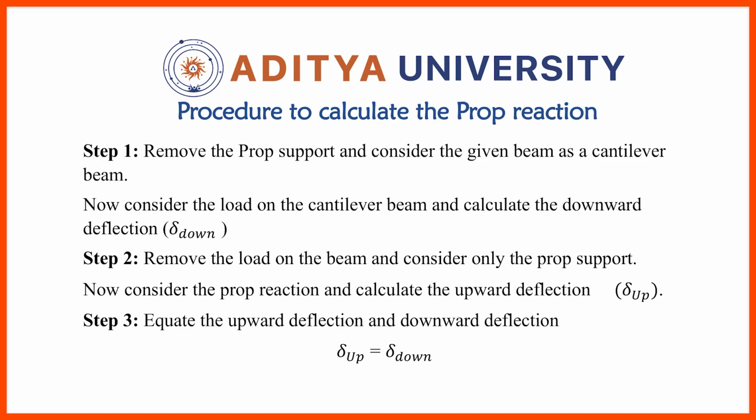Earlier we discussed the difference between statically determinate structures and statically indeterminate structures. A statically determinate structure means any problem can be solved using only the 3 equilibrium equations, that is, the summation of all horizontal forces equal to 0, the summation of all vertical forces equal to 0, and the summation of all moments at any point equal to 0.